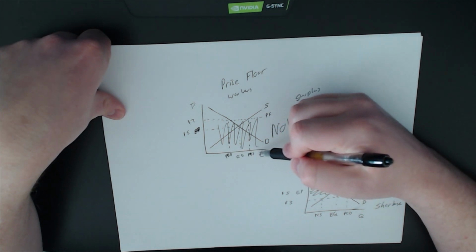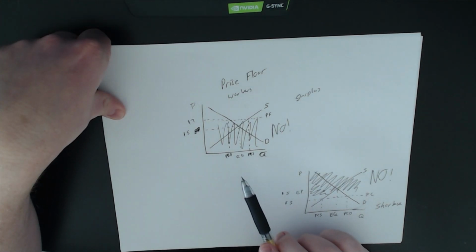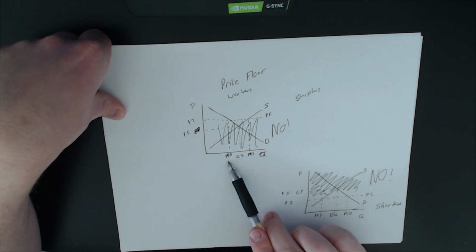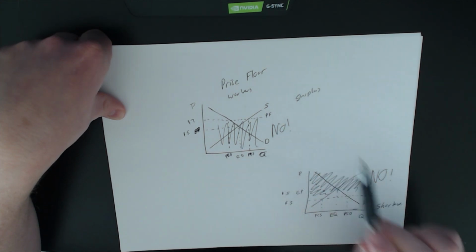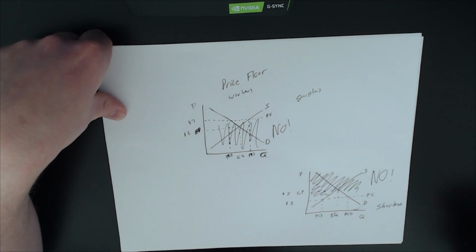PFD, PFS, sounds like a bad restaurant, but if my supply is greater than my demand, I have a surplus. If my demand is greater than my supply, I have a shortage.